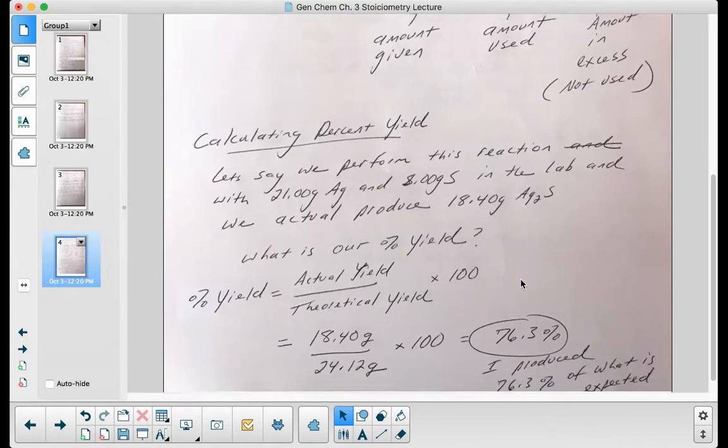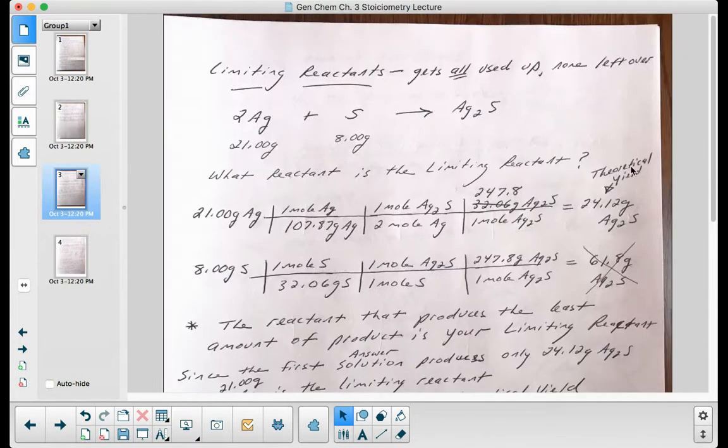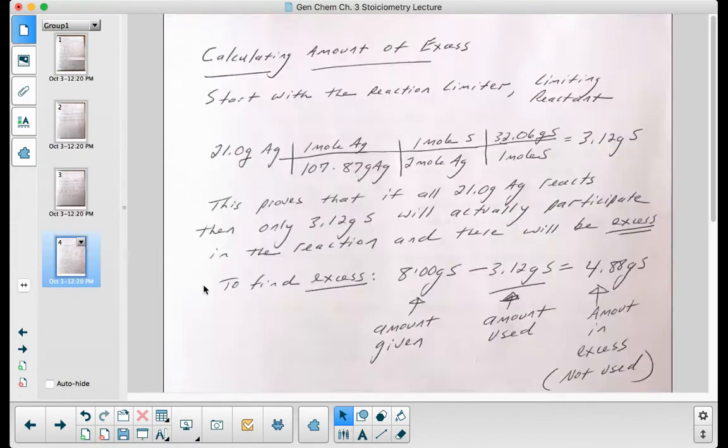The formula for percent yield is actual yield divided by theoretical yield times 100. So I take the amount that I actually produced in my laboratory experiment, which I stated here was 18.40, and divide by the theoretical yield that I had calculated back here when I was trying to find my limiting reagent.